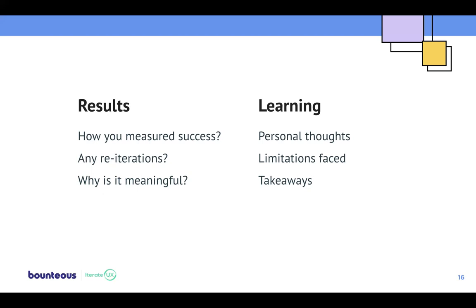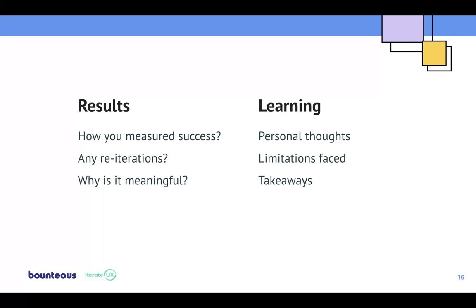How did you know that whatever you've designed is actually valuable to the users? Your results would show that. That is where you include the findings from your user testing. If the functionality is not working, you will have to reiterate and design something else for it. That is what you include in your results section, the metrics of your success.